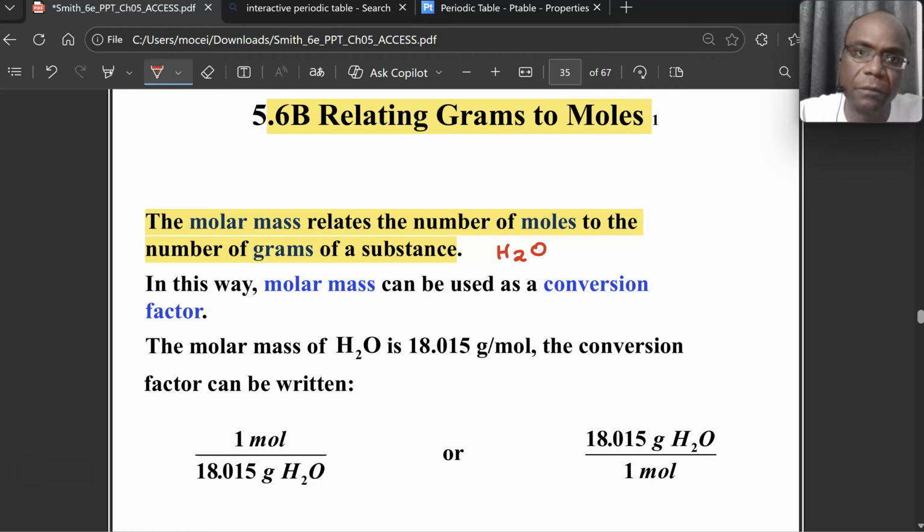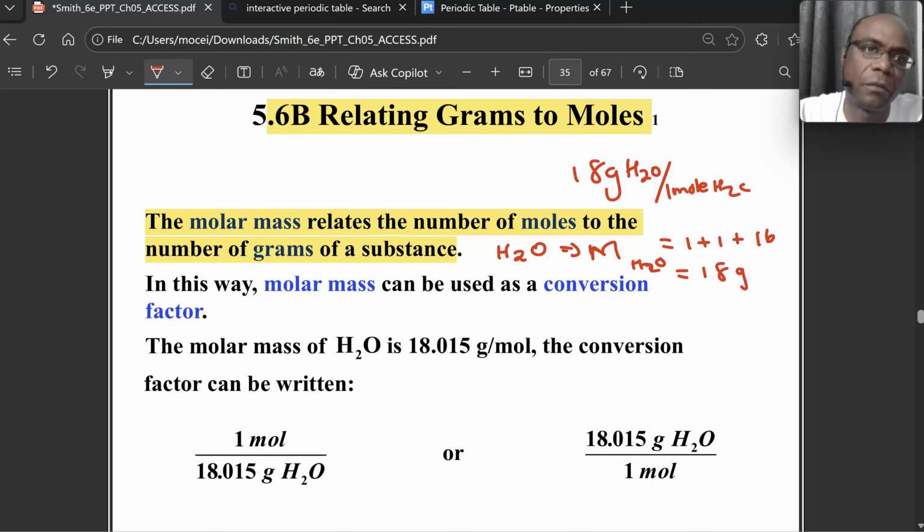If I really want to find the molar mass, uppercase M, of water, it's just adding the mass of hydrogen and the mass of oxygen, which is 16. It gives me roughly 18 grams. So we are saying that 18 grams of H2O per mole of H2O. So simply put, the molar mass of water is 18 grams per mole.